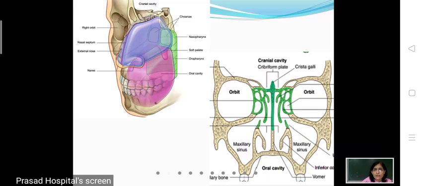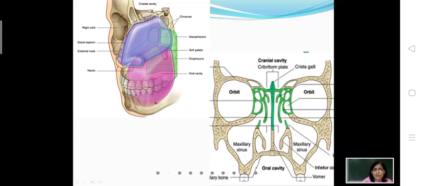This is the spine of frontal bone. Then the nasal bones. Then the junction between the lateral cartilage and the septal cartilage. We will talk about the cartilages present in the external nose. So it is formed by the junction of the septal cartilage and the lateral cartilage.